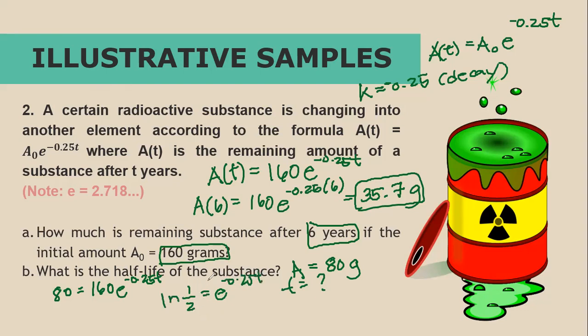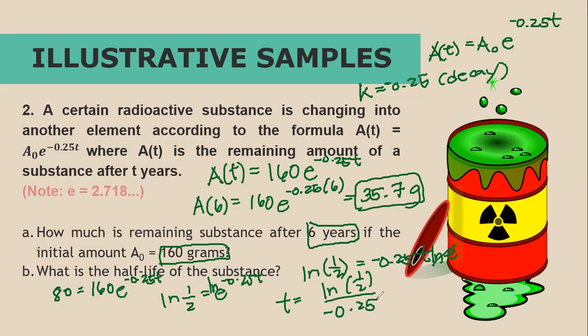Ln natin both sides. Ln of 1/2 is equal to negative 0.25 t, then ln of e. And then t natin ay magiging ln of 1/2 over negative 0.25.